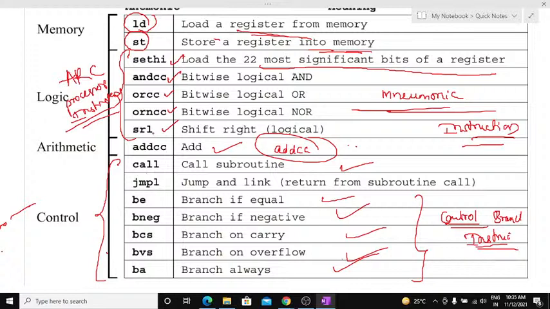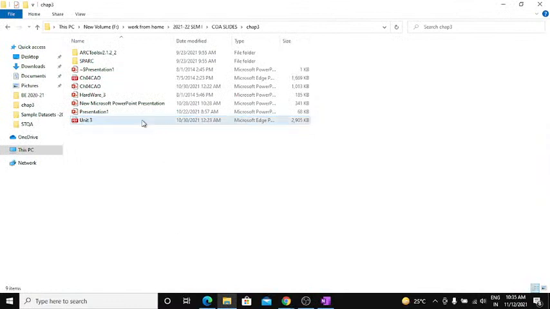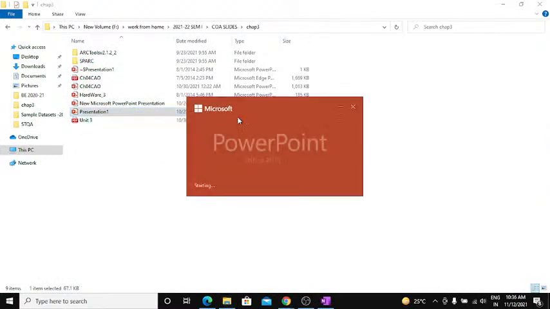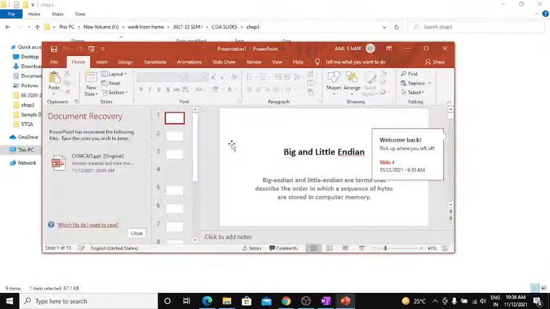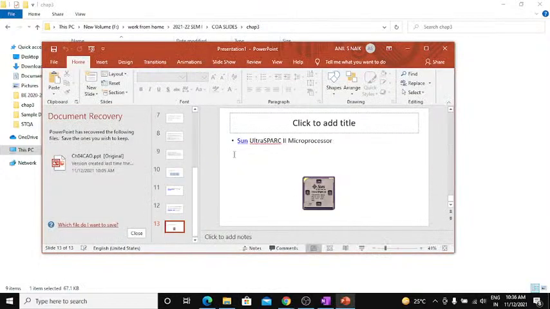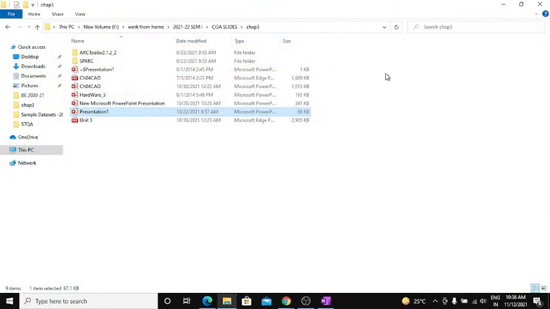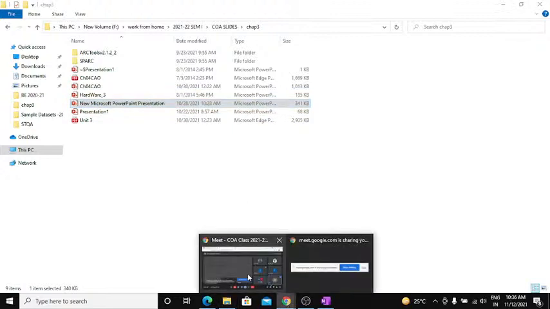Like you have gone through the 8085 and 8086 processors, similar to that, this is a 32-bit register, 32-bit processor. And that is all about the ARC processor.